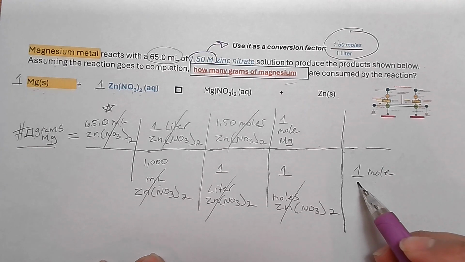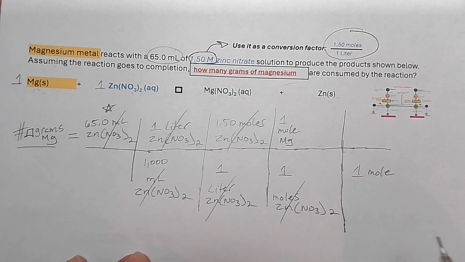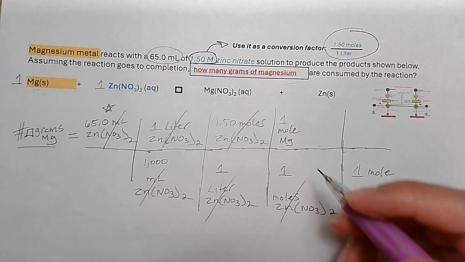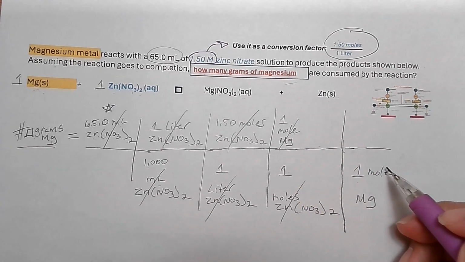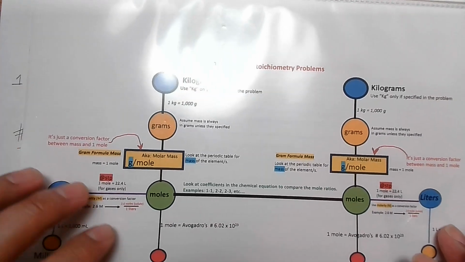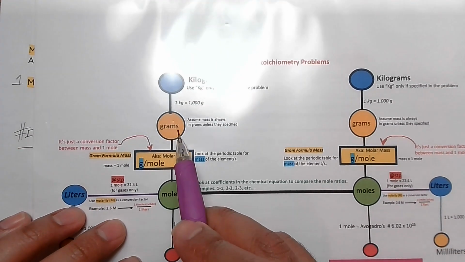This one is coming from the conversion factor of saying 1 mole for the amount of mass. So 1 mole of Mg. Okay, so I'm done with moles. Now we have arrived at our destination, which is basically the grams.